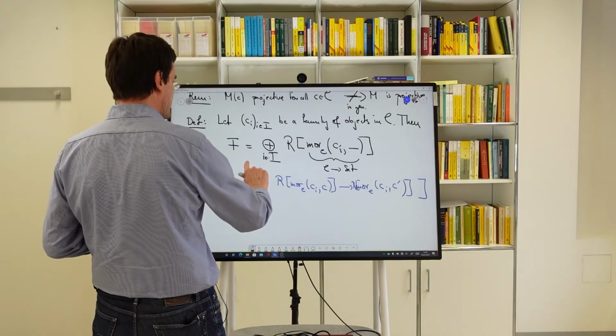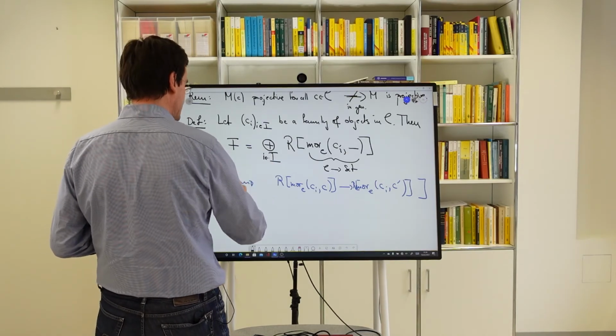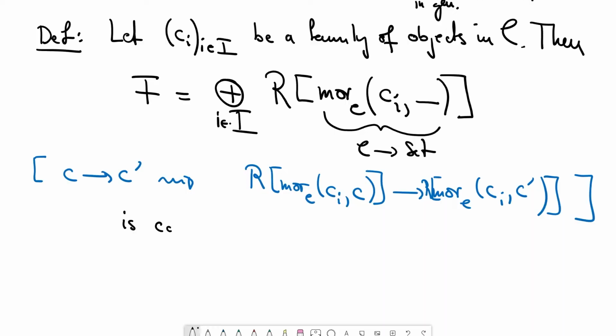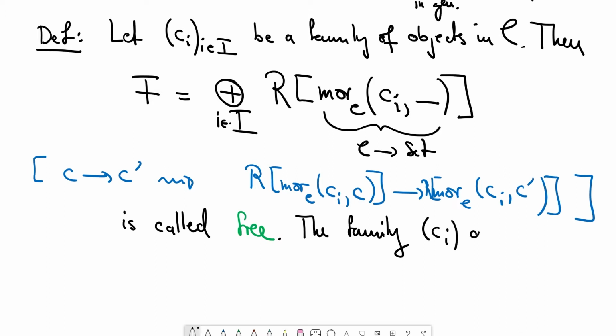So I want to finish that definition. The definition is then this F is called free. And these objects Ci are called the models of F. It's just terminology.